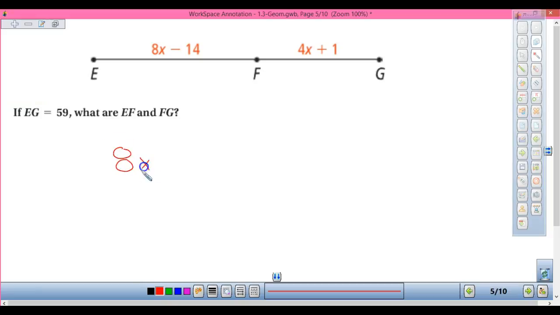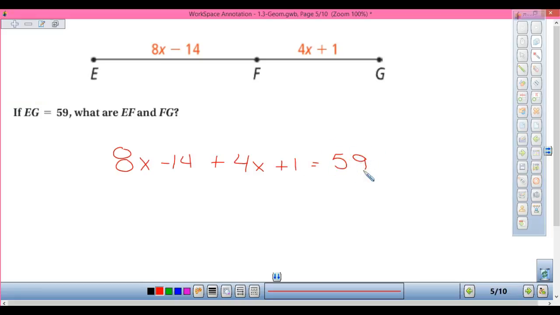So we've got 8x minus 14, because that's EF, plus FG is 4x plus 1. Together, these two guys are going to make 59.